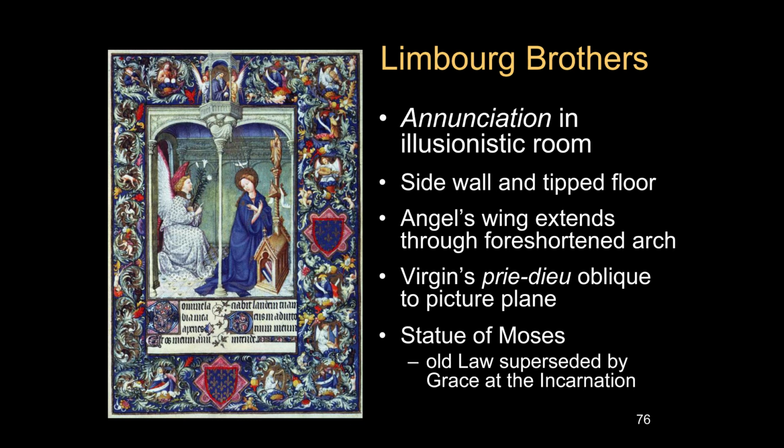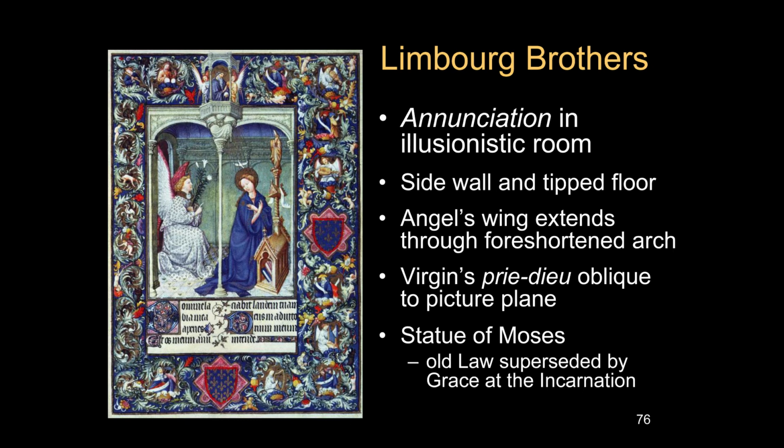Traditionally, it was believed that Mary was reading from Isaiah, where it says, "A virgin shall conceive and bear a child." Now, obviously, we cannot see what she's reading here, but there are later paintings where you can read the text.